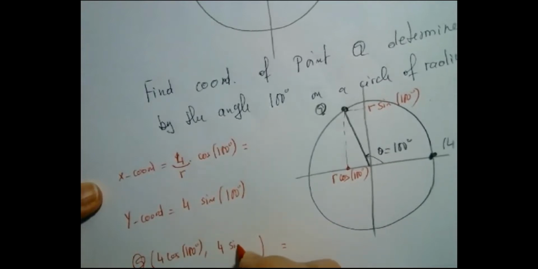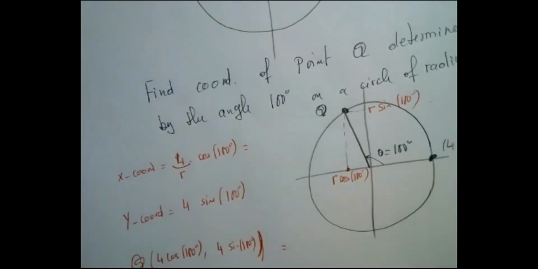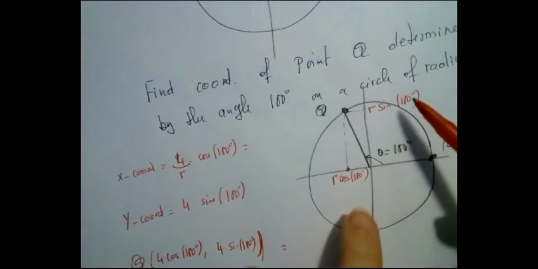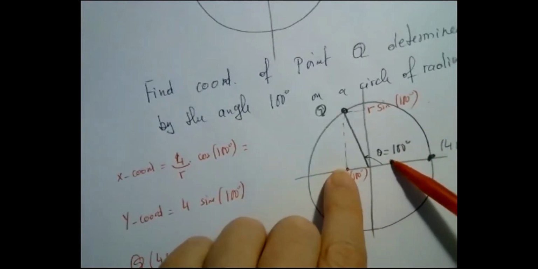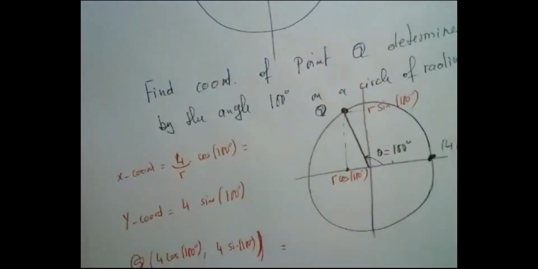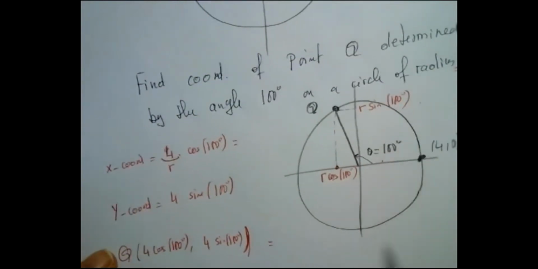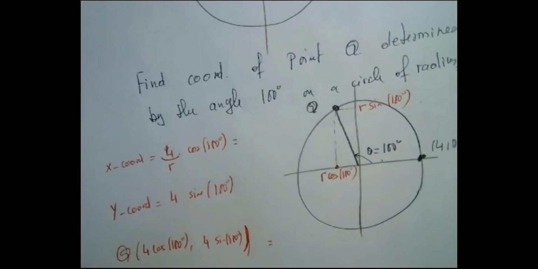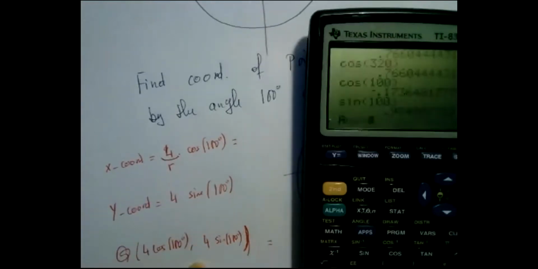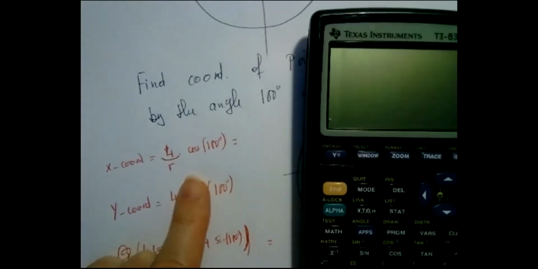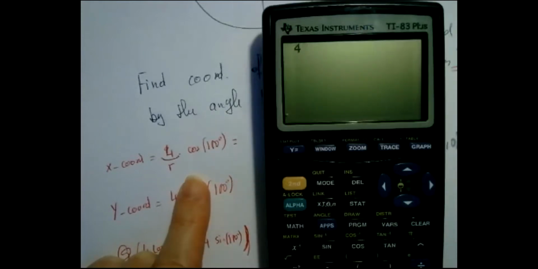So the idea is that for the unit circle, the definitions of sine and cosine are the x and y coordinates. When I stretch the circle, then I have to multiply the x and the y by the radius r. So now the last step is to compute those. I do it in front of you. That's my cosine of 100.